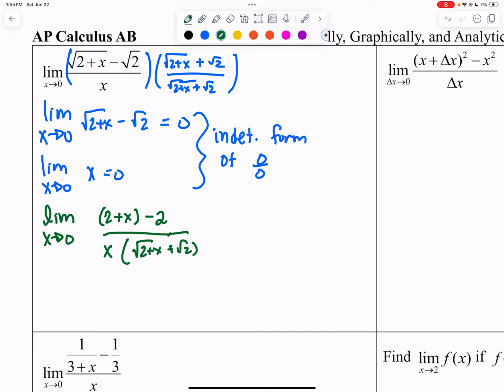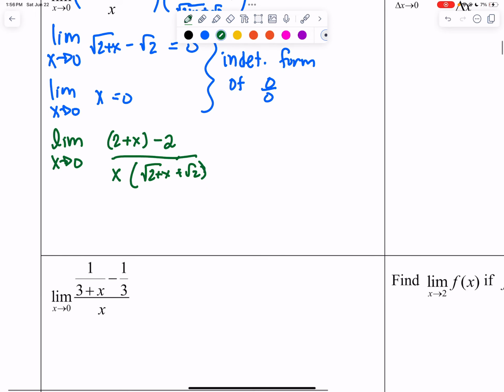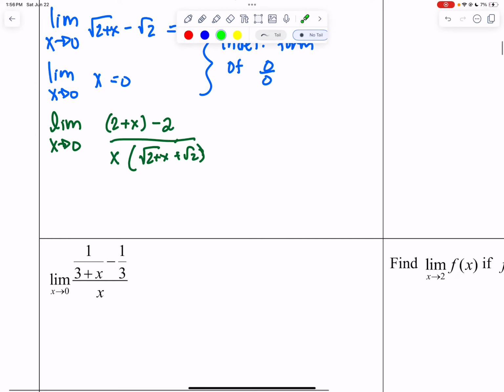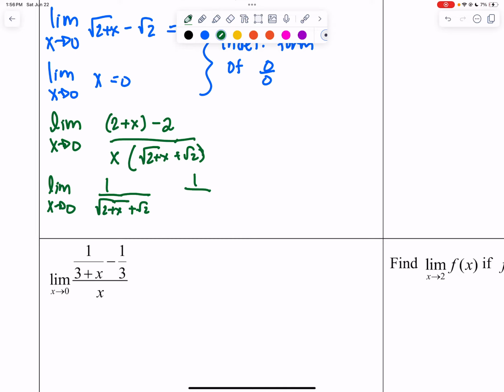Even though I have a radical at the bottom, that's okay, because you'll see that the 2 minus 2 will cancel out because that's going to be 0. And then the x over x will cancel out. So now I'm just left with the limit as x approaches 0 of 1 over the square root of 2 plus x plus root 2. And then if I were to use my direct substitution, I'm going to get 1 over root 2 plus root 2, or 1 over 2 root 2.